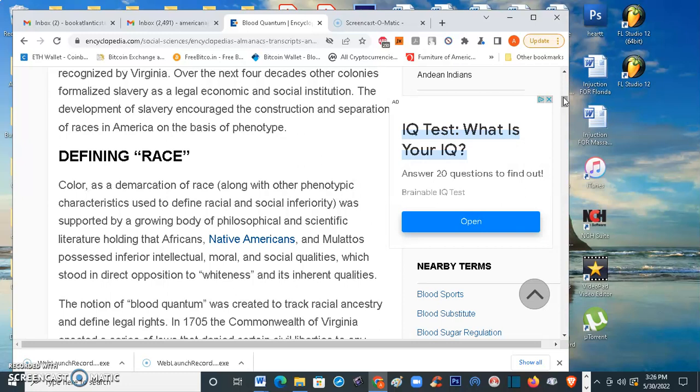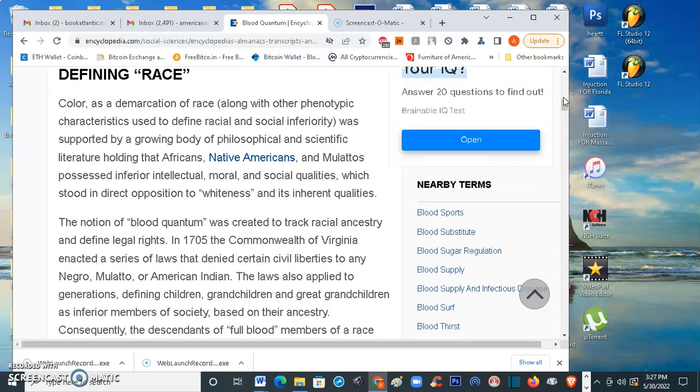It was supported by a growing body of philosophical and scientific literature holding that Africans, Native Americans, and mulattoes possess inferior intellectual, moral and social qualities which stood in direct opposition to whiteness and its inherent qualities. So this is where your blood quantum came from.